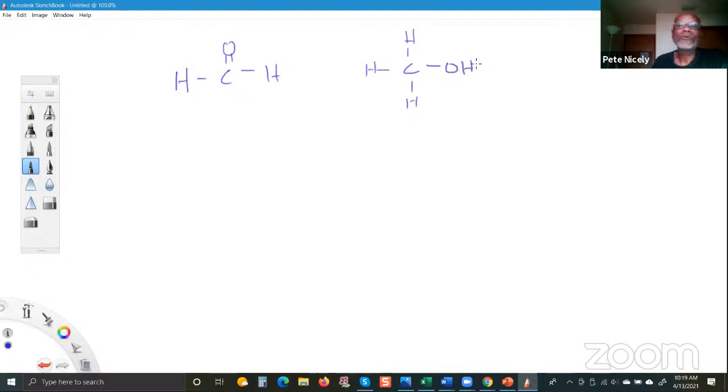Okay, question is, which one of these two compounds has the higher boiling point and why?